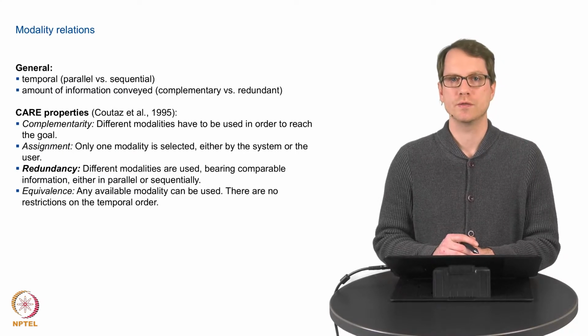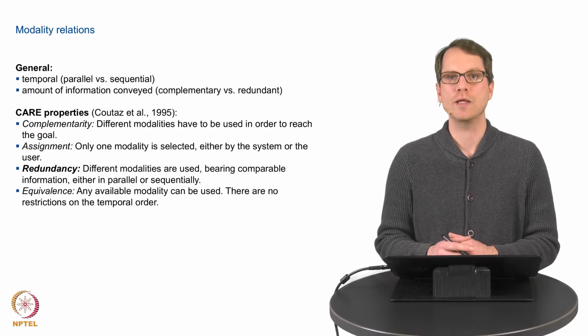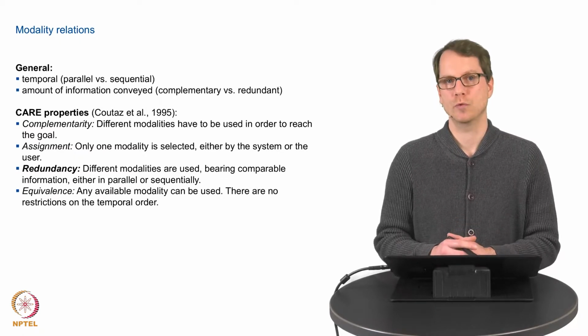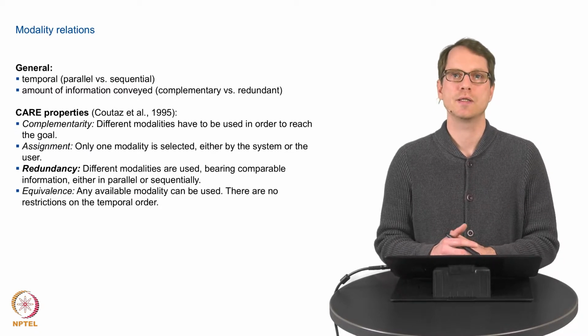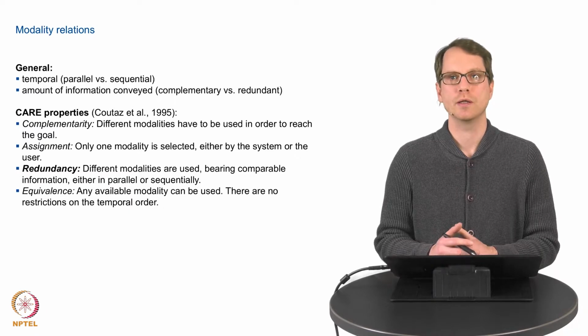The third one is redundancy, and this means that the information or parts of the information are used or spread over different modalities. Coming back to the put that there scenario, an example would be put the yellow triangle into the red circle.